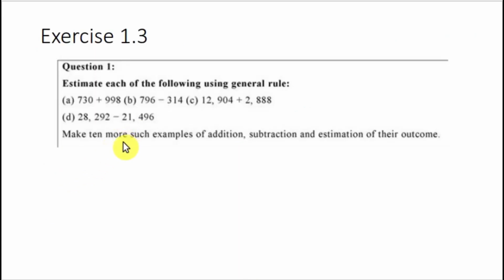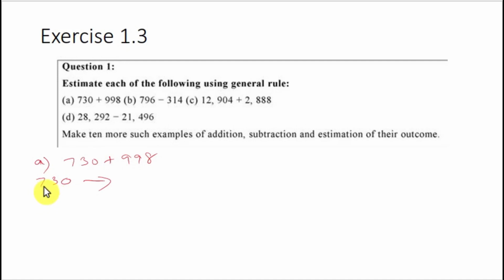Next, estimate each of the following using the general rule. The first one, 730 plus 998. Here, 730 I am going to round off to the nearest 100.